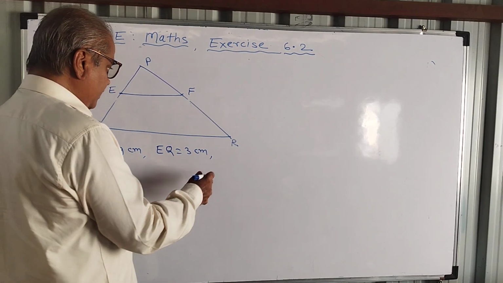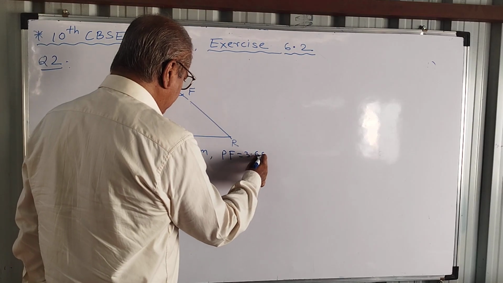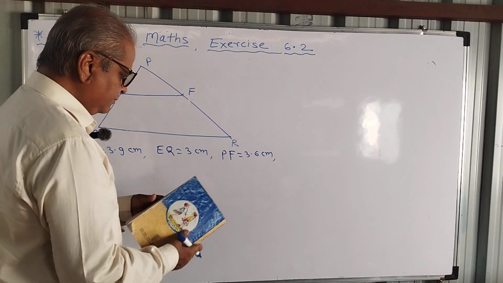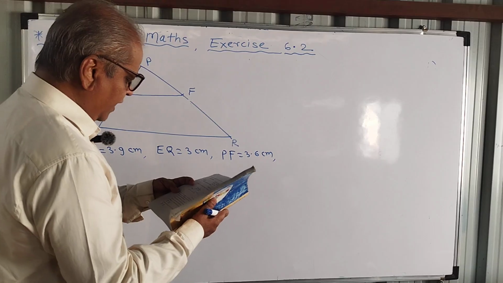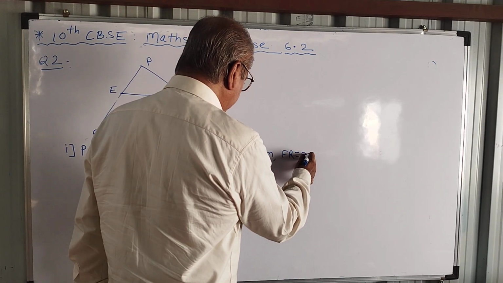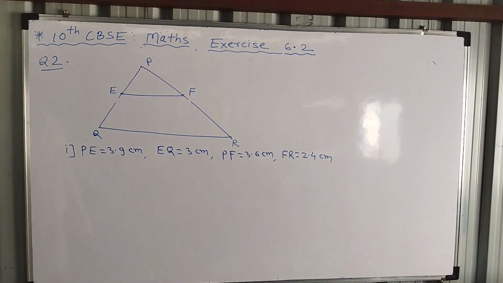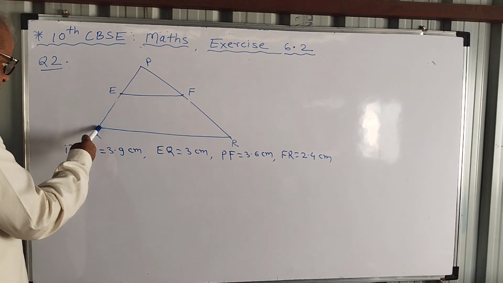PF is equals to 3.6. And FR is equals to 2.4. So when you look at the diagram, I need to find PE upon EQ.